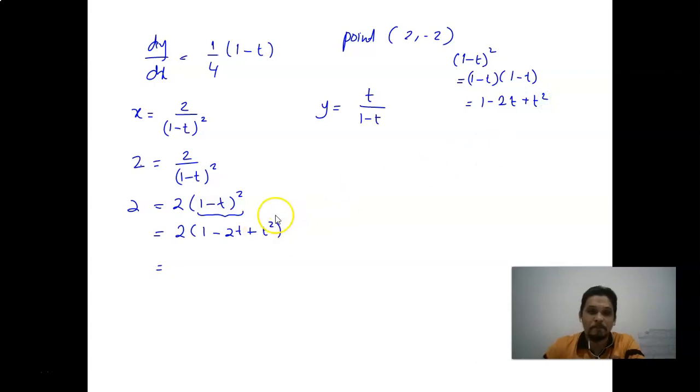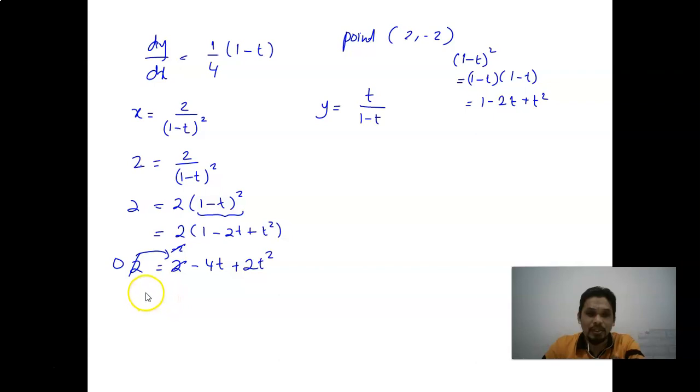There you go again. So expanding this, 2 minus 4t plus 2t squared equals 2. Bring the 2 to the other side, it becomes negative 2. We get 0 here, so 2 minus 2 equals 0.